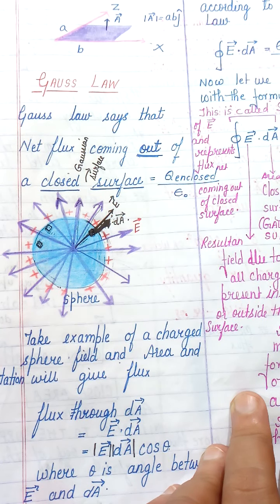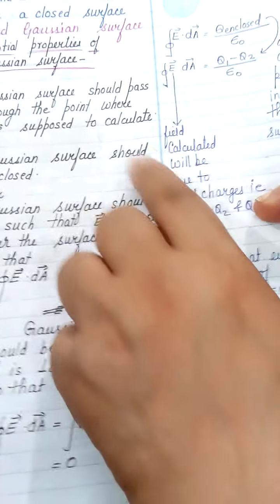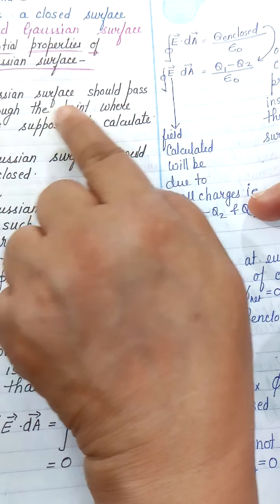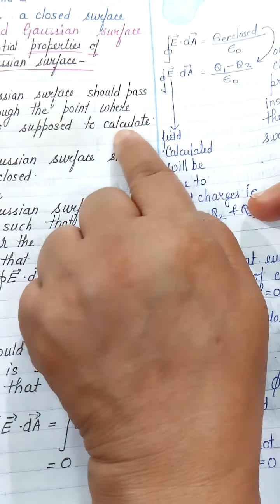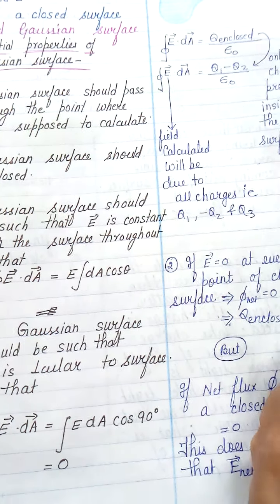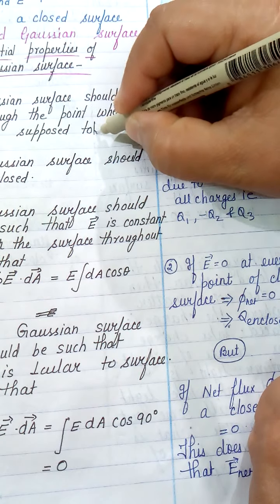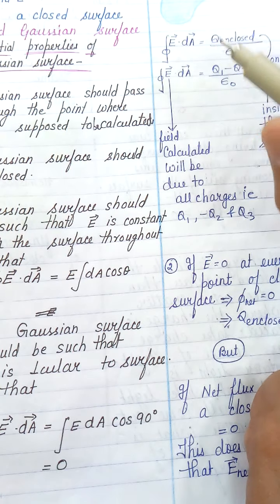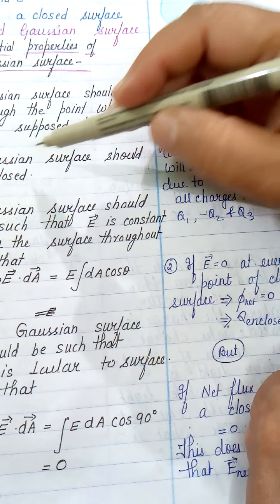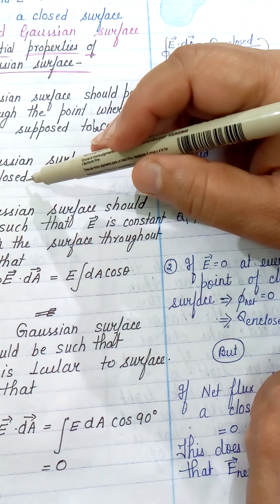And that surface area or the Gaussian surface must have some conditions. First, it should pass through the point where E is supposed to be calculated. And second condition, Gaussian surface should be closed.